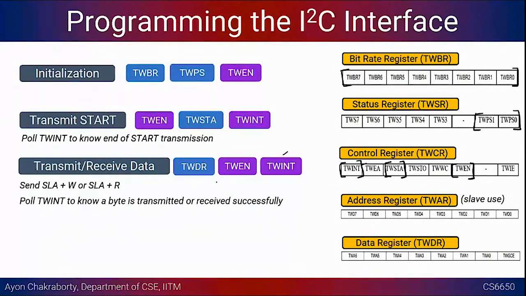Okay, so given that you are writing, you will send the address out, and after that you are going to wait for the successful reception or successful transmission from the master, and then you will keep on communicating, right?